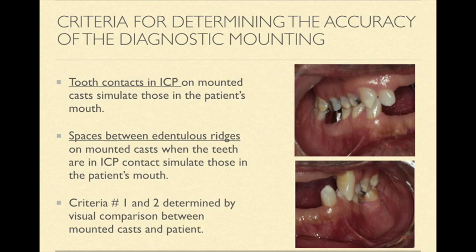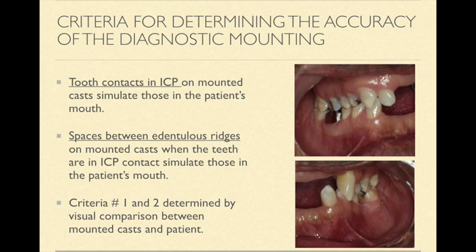And when you finish your diagnostic mounting, you have to determine its accuracy. You have to use two ways to check. The first is how the tooth contact in ICP on the mounting cast compares to the patient's intraoral condition. The second is the space over the edentulous ridge.